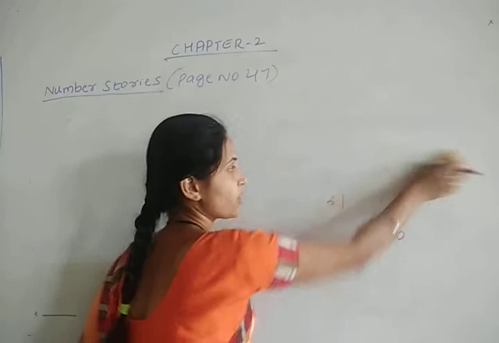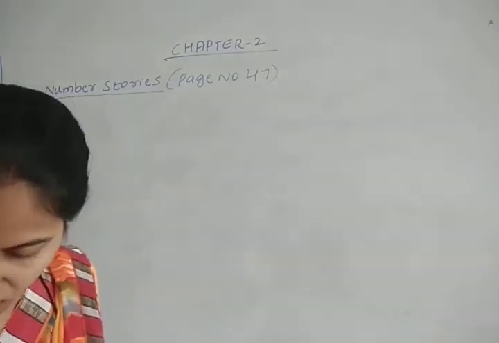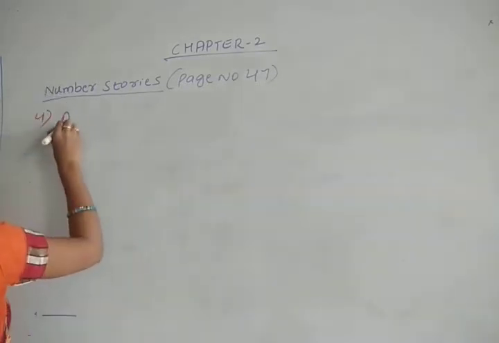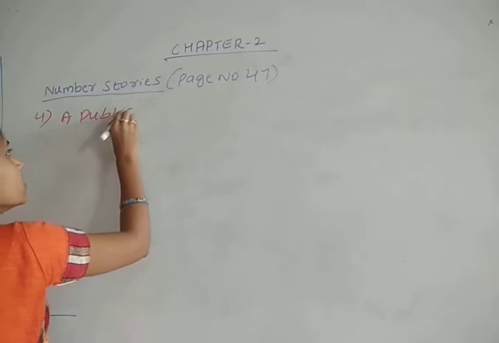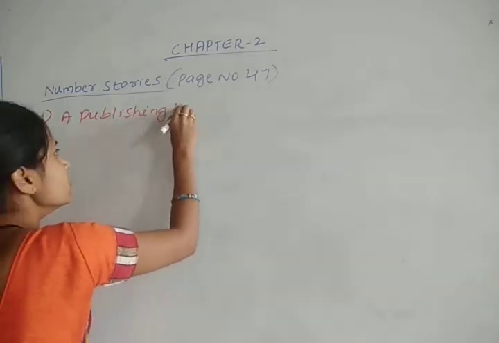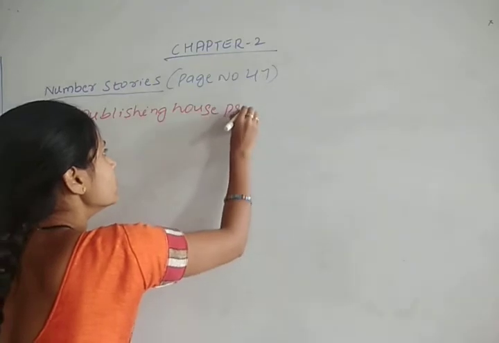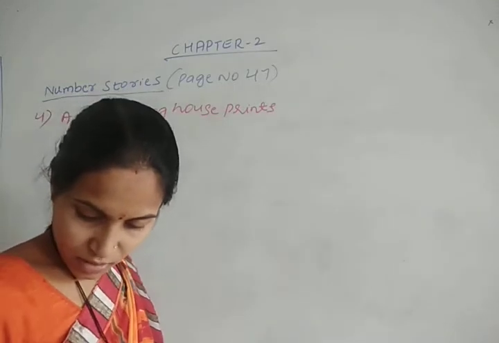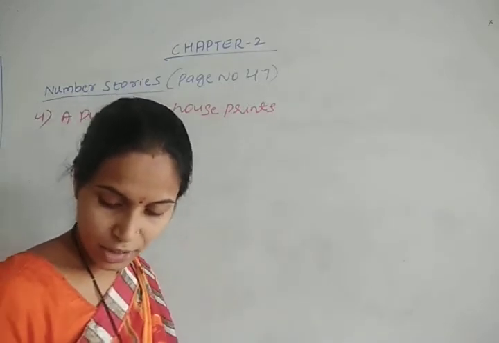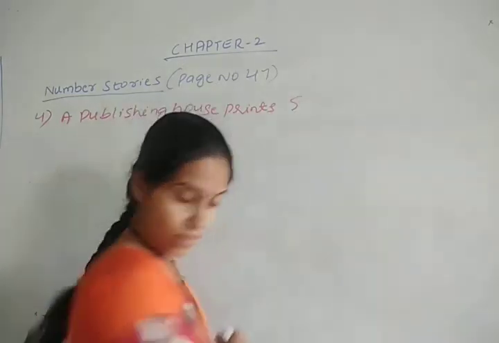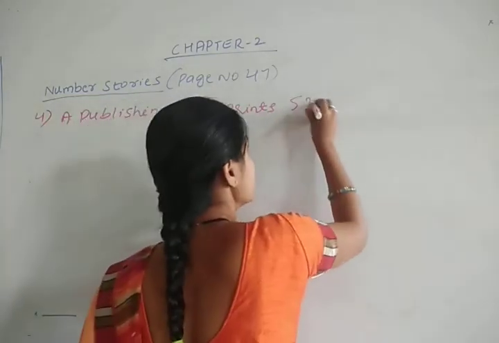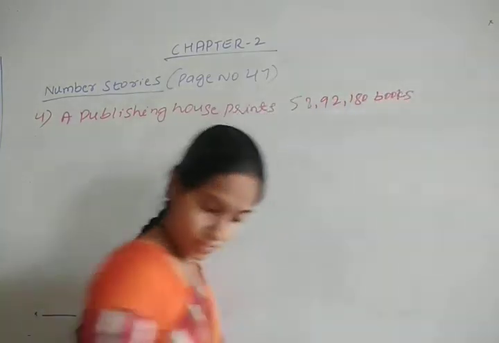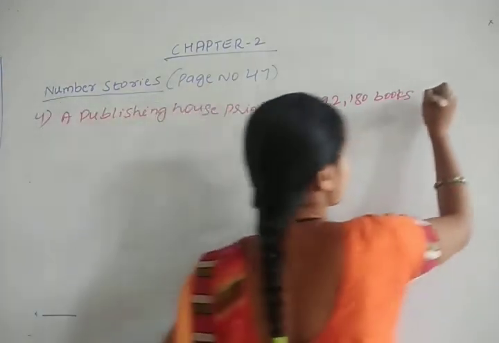let us move to the fourth question, which is: a publishing house prints 58 lakh 92,180 books in a year.